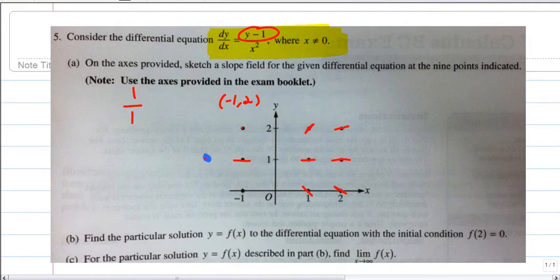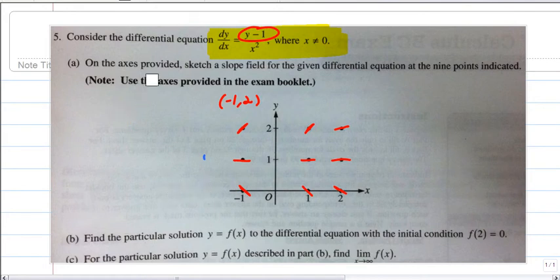Slope is 1. Okay, so far so good. Now let's go here. Negative 1, 0. x is negative 1, y is 0. So you get negative 1 over 1, negative 1. Boom. You just did your slope field.